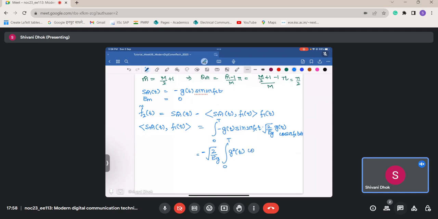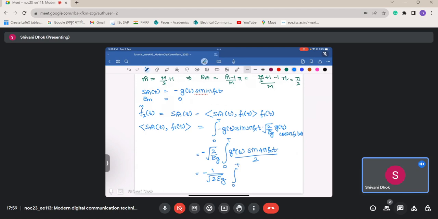So this I can write as, sine a cos a is basically equal to sine 2a by 2. So this comes out to be sine 4 pi fct whole divided by 2. So this is equal to minus 1 upon under root 2 Eg, integral 0 to T.